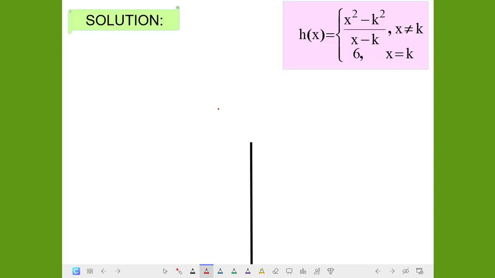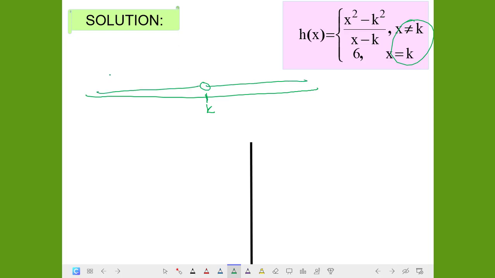Transfer this to a number line. This is k. For x not equal to k, the function is x squared minus k squared over x minus k. When x is equal to k, the value is 6. This is the point (k, 6).